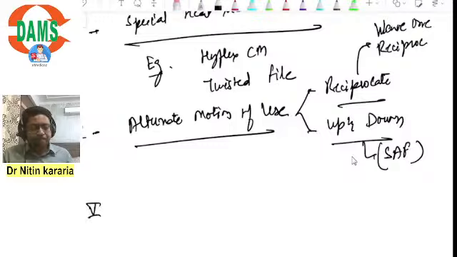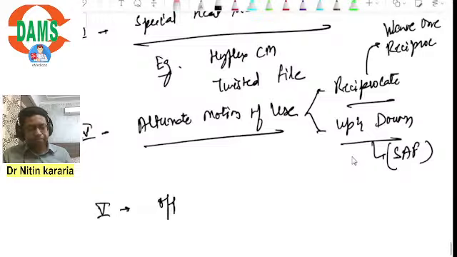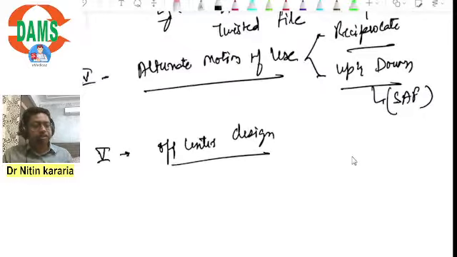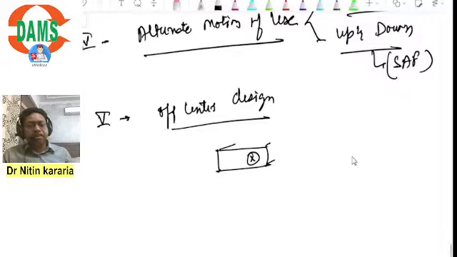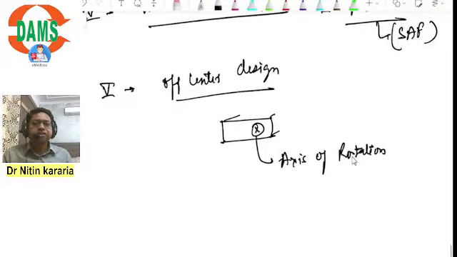And finally, the fifth generation of instruments, they have off-center design. Off-center design, they are represented like this: an instrument with a blade cross section, and this is the axis of rotation.